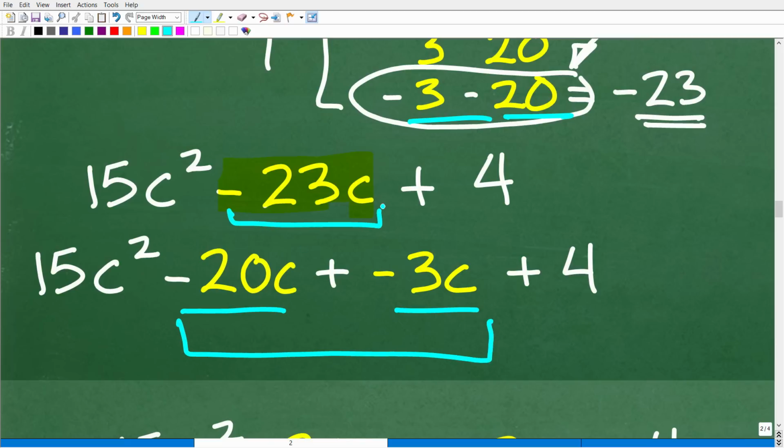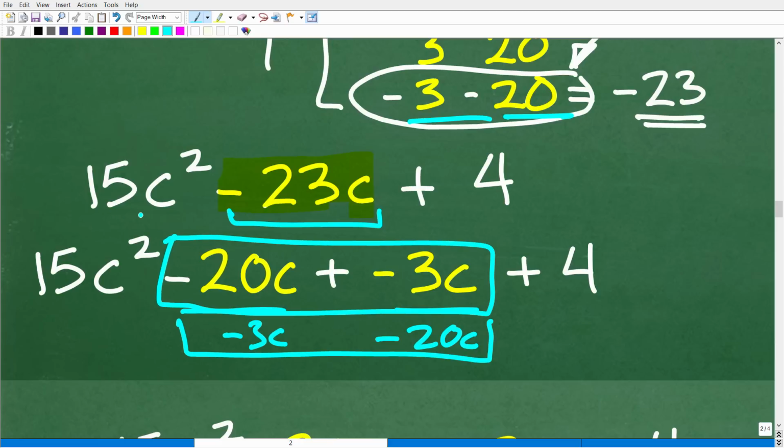Now, some of you might be saying, does it make a difference if I write -3c here and a -20c here? Does order make a difference? It does not, because I'm going to show you the next step here, and some of you may think that order makes a difference. So in other words, you could put your 3c here and your 20 here or your 20 here and your 3c here. But the main point is this.